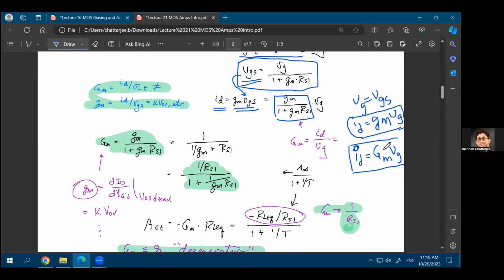That's how it is usually represented in the books as well. You will see that this is the modified value of gm in the presence of that degeneration resistance, and that modified value of GM is the original GM divided by 1 plus GM RS1. So you get a degeneration in terms of the GM, you get a degeneration eventually in terms of the ID current, and eventually you get degeneration at the output voltage as well as the gain.